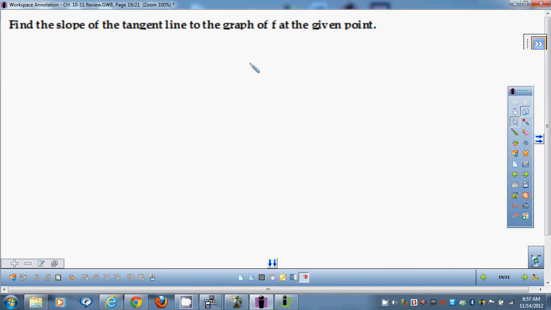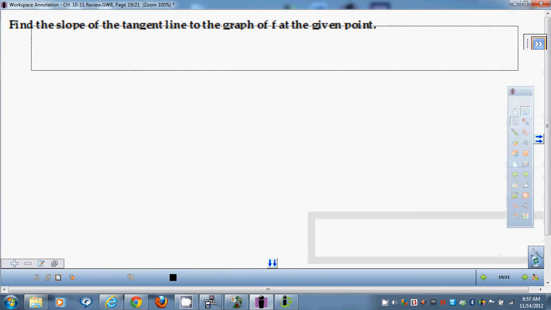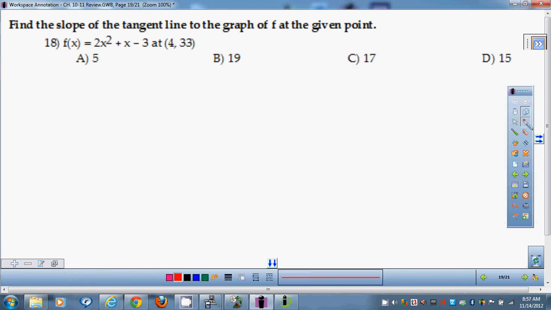Take the derivative. Tangent line, slope, all of that comes from the derivative function. We need to take the derivative and then do what with that derivative? Plug in 4. What do we need the 33 for? Absolutely nothing.